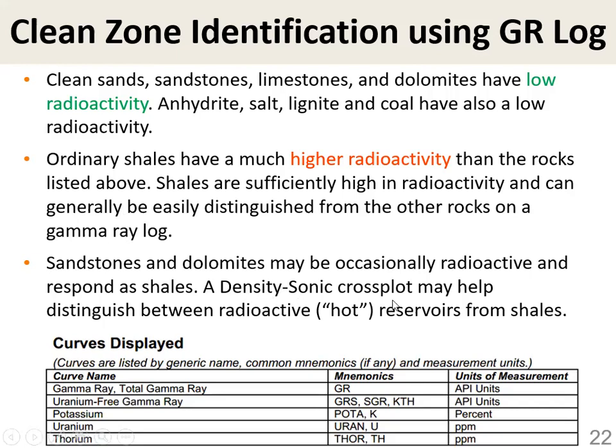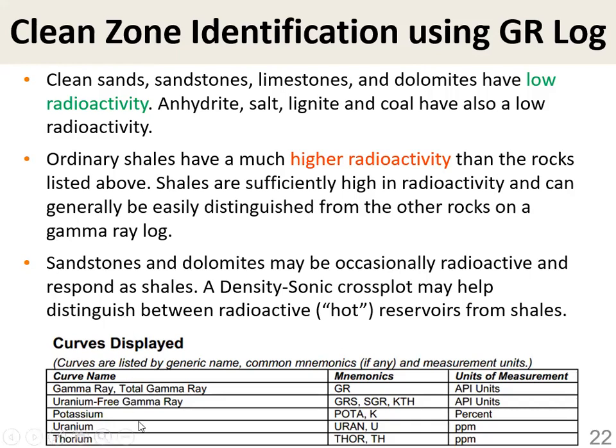Take note of this, that the density sonic cross plot may help distinguish between radioactive hot sands from shales. So in a case where you're having the conflict, where you're having sands with radioactive minerals, the density sonic cross plot would come into play.